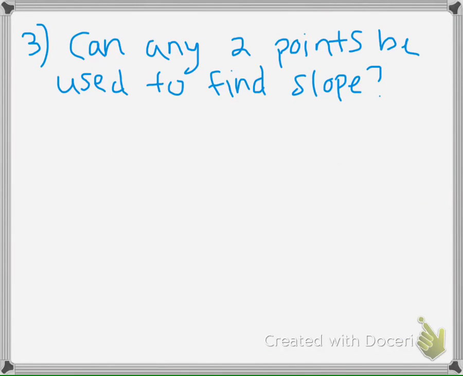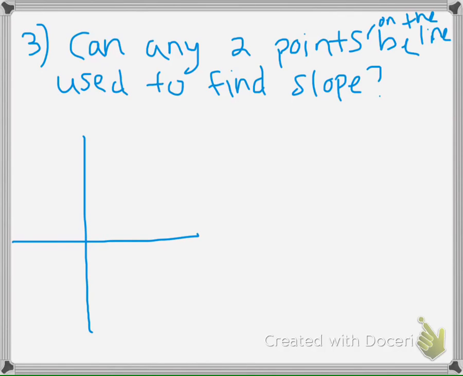Okay, C3 says, can any 2 points be used to find the slope? But I believe it says, can any 2 points on the line be used to find the slope? Yeah, on the line. Any 2 points on the line. So giving you a visual what they mean. Here's, if I graph this and my line looked like this, it's talking about all the points that fall on the line, which would look like this.